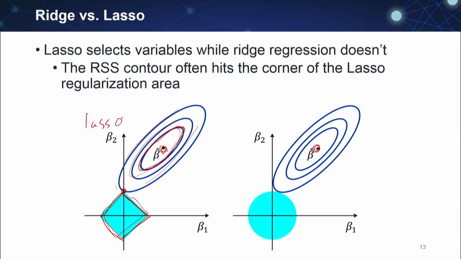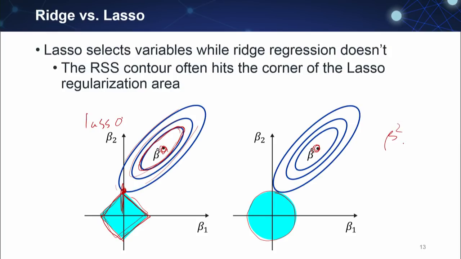You can easily see that regardless of the beta hat's location, center point, and the shape of the ellipse, the contact point becomes the sharp point of this diamond on the axis. It means that the corresponding coefficient is 0. In contrast, in the ridge regression case, the constraint region is given as a circle, because it's the beta square.